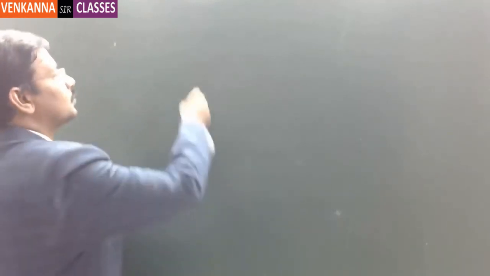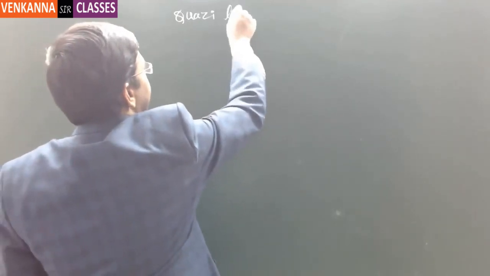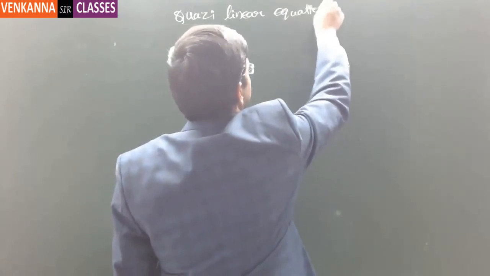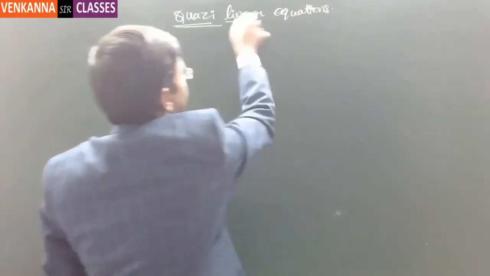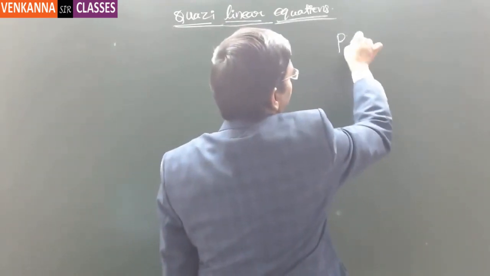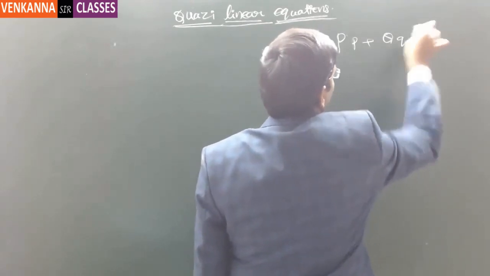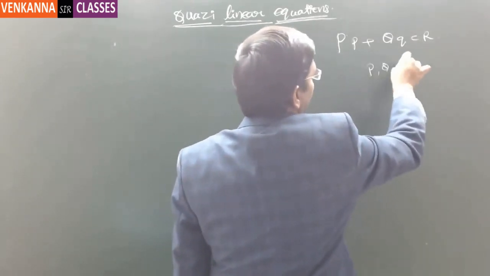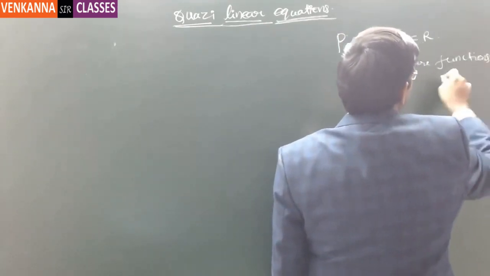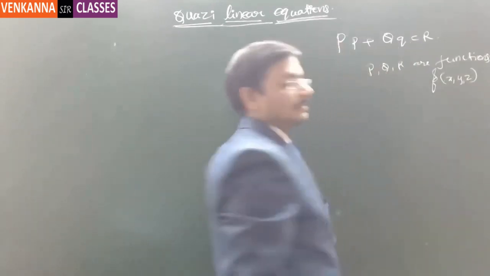In the quasi-linear equations, any equation of the form P into small p plus Q into small q is equal to R, where P, Q, R are functions of x, y, z.